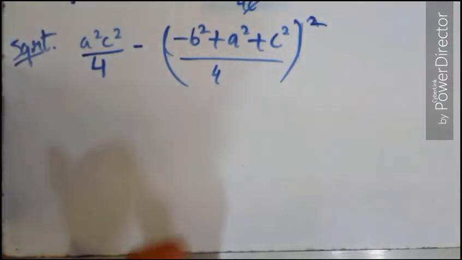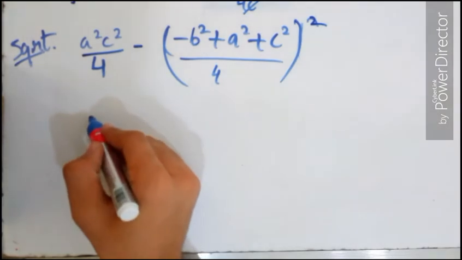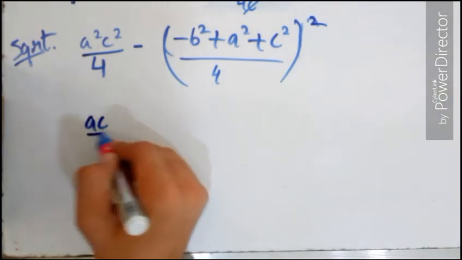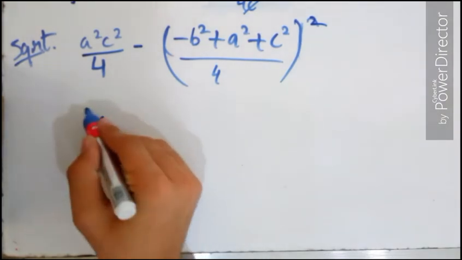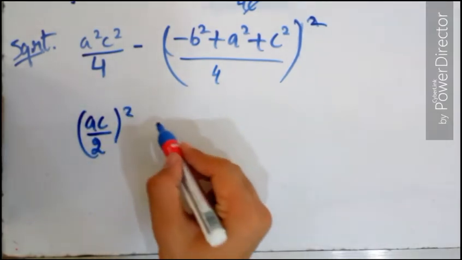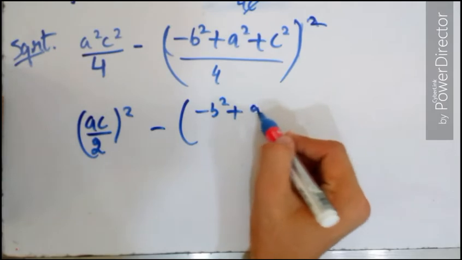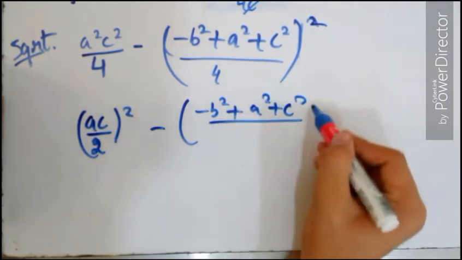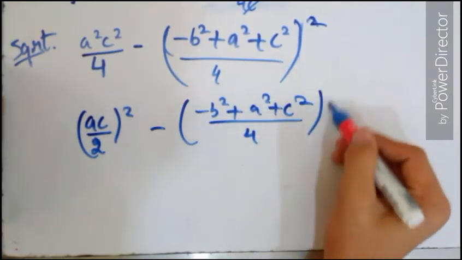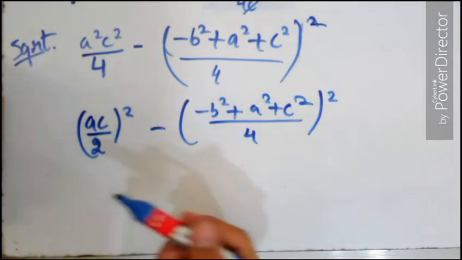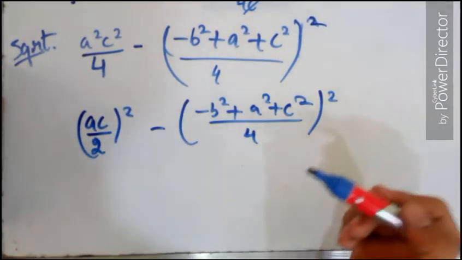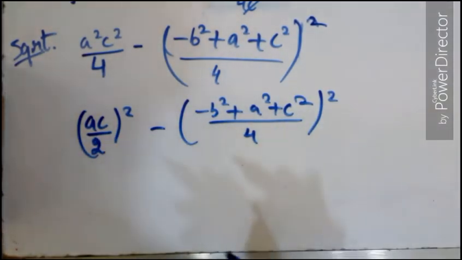So if we see this equation carefully, we can write it as ac upon 2 whole squared minus, and the same we have here, b plus a for this whole squared. This is nothing but this partial sum, that is a squared minus b squared is equal to a plus b into a minus b.